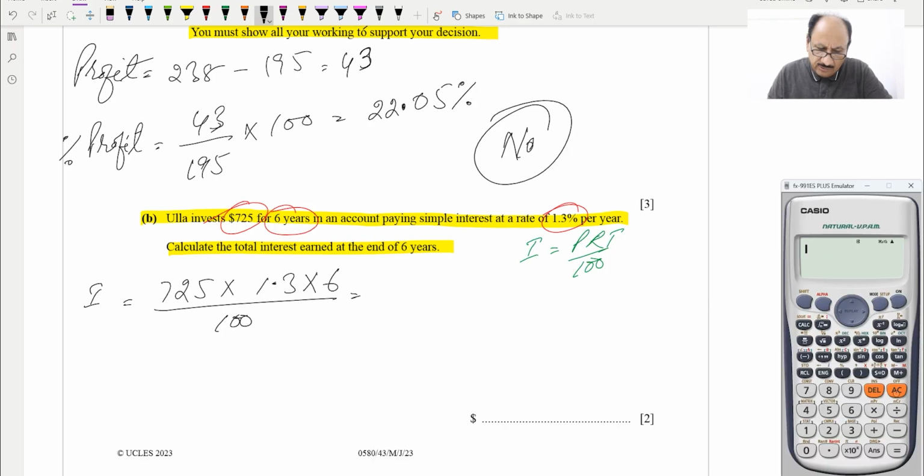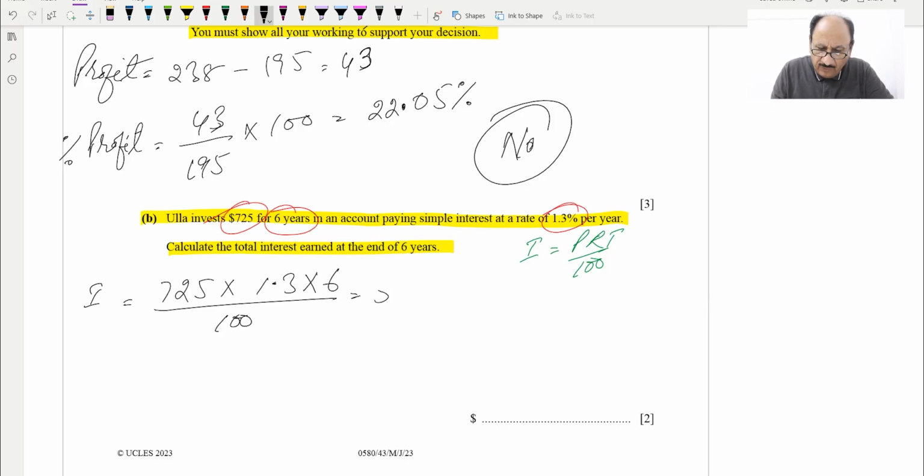If we calculate, 725 times 1.3 multiplied by 6 over 100 is equal to 56.55. This will be the interest.